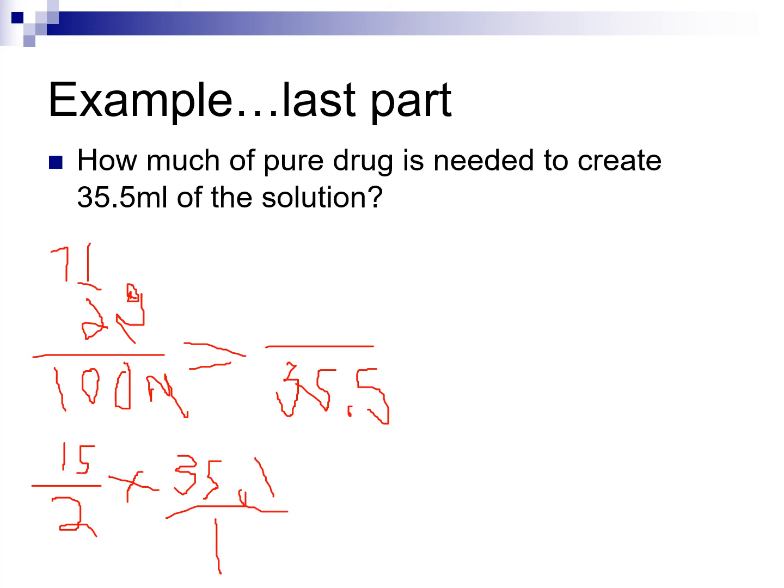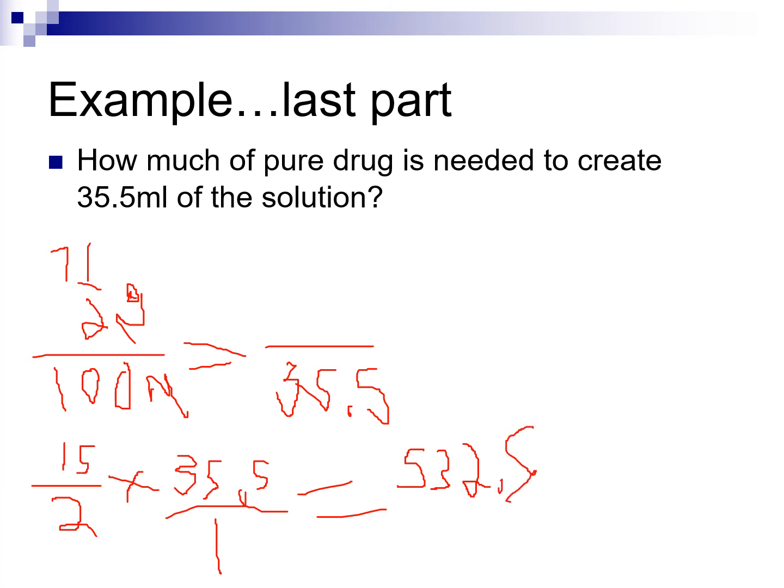So the 15 times 35.5, if you do your math, you should get 532.5.